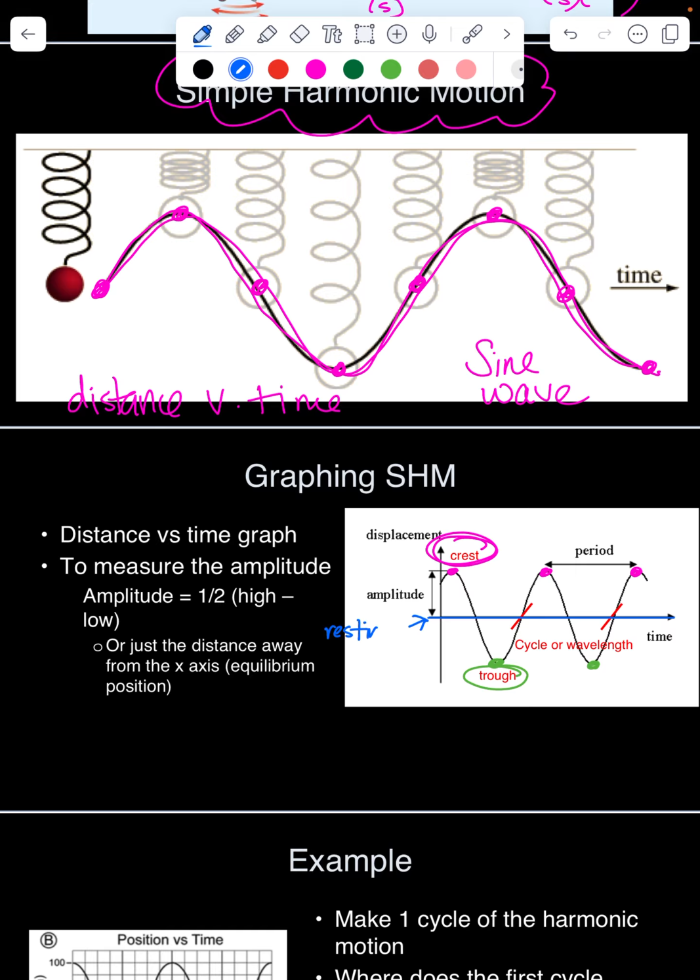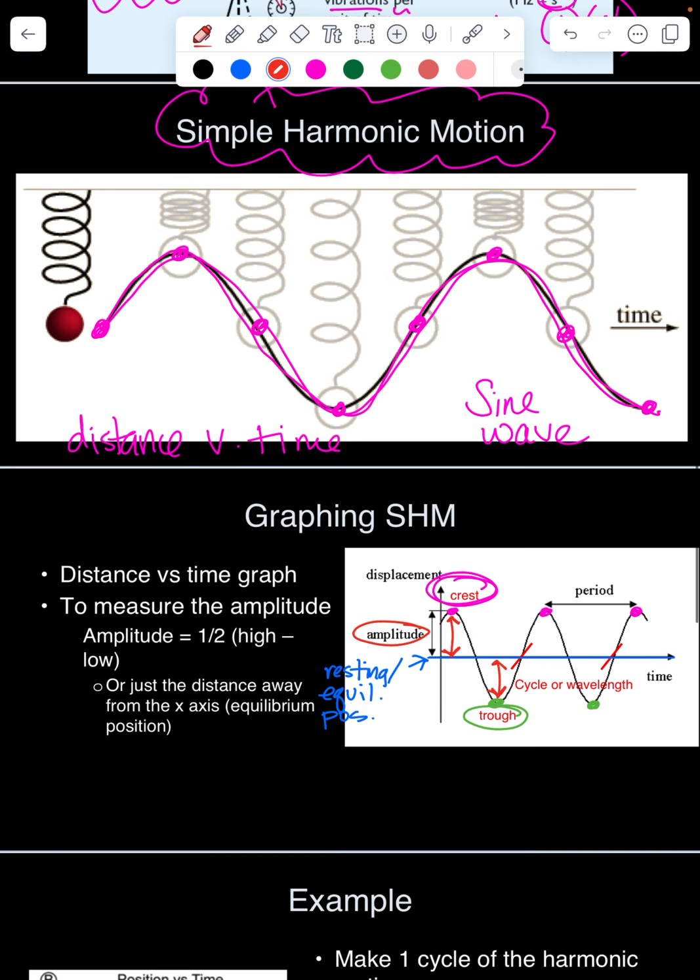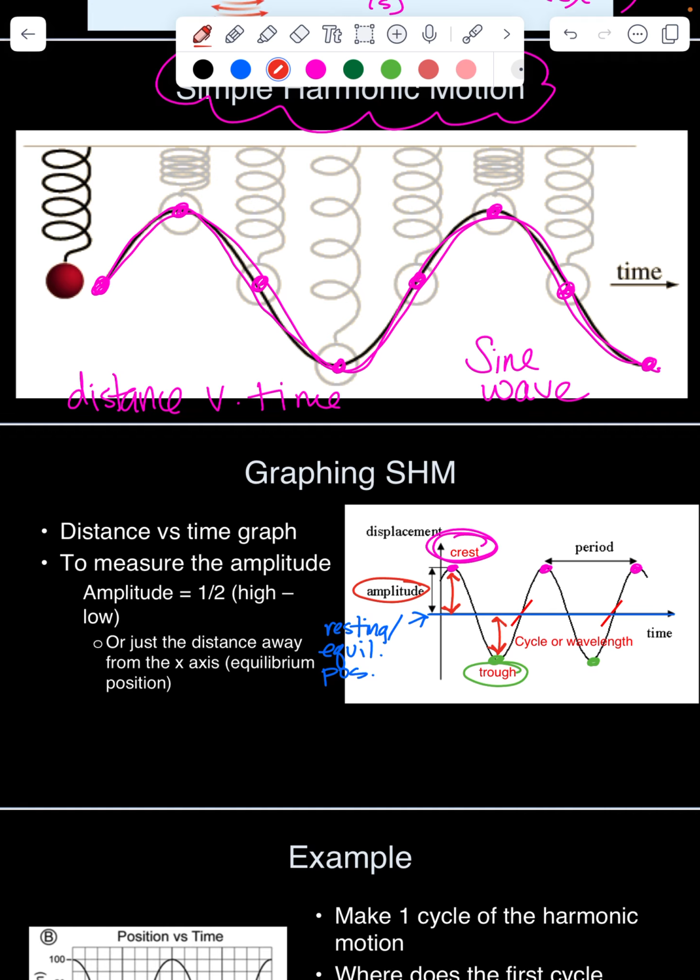So our resting or our equilibrium position is on our x-axis. So if I asked you to label what the amplitude was, it's either going to be from your resting position to your crest or your resting position to your trough. Remember, your amplitude is from your resting position to the maximum displacement, and that's what we see here.